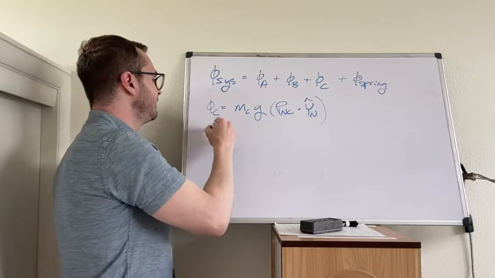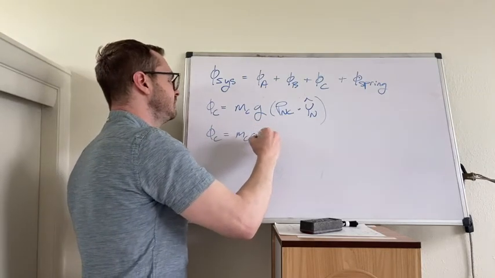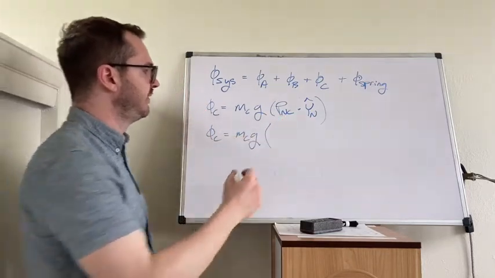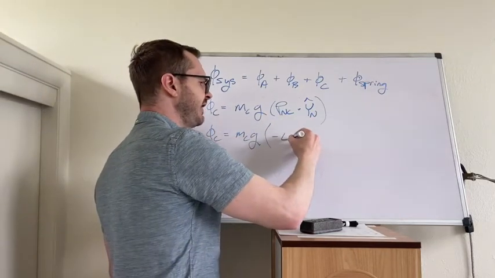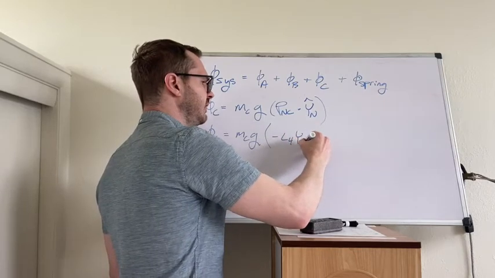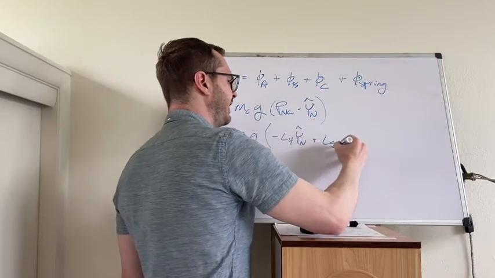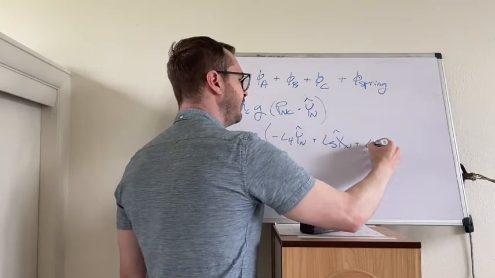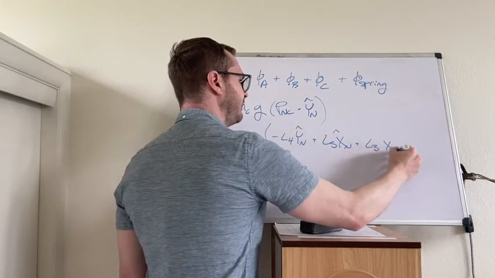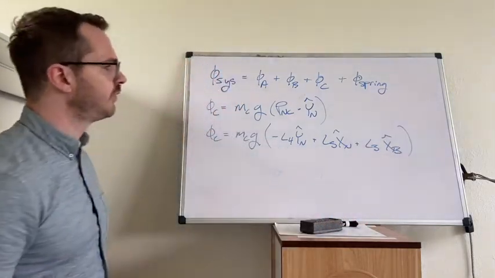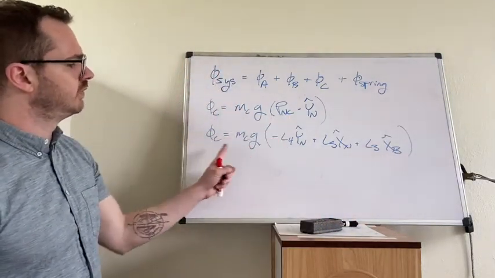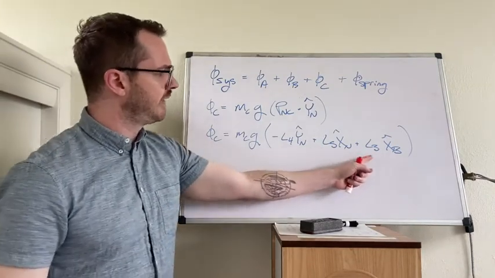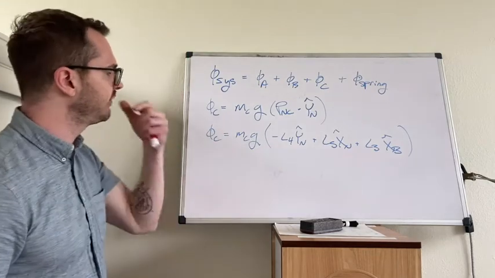We need our description of what we did for P into C. So this was negative L4 Y hat N plus L5 X hat N plus L3 XB, right? That's what we did for P into C. We went from point N through offsets to the other pin joint, and then we went up from the pin joint to that center of mass.